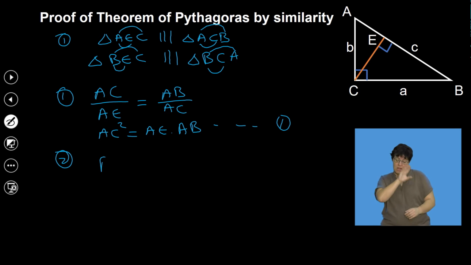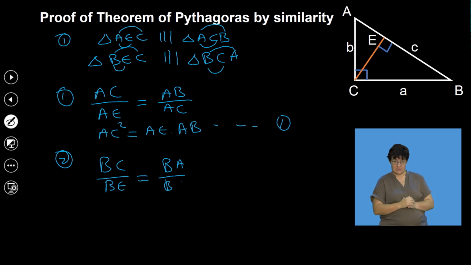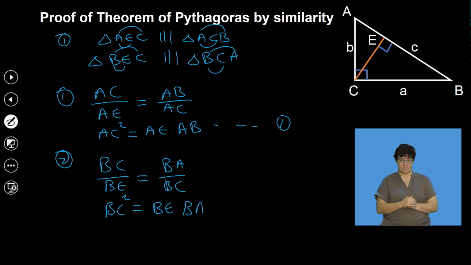So it will therefore be BC over BE is equal to BA over BC. And then also I cross multiply here. It becomes BC squared is equal to BE multiplied by BA.